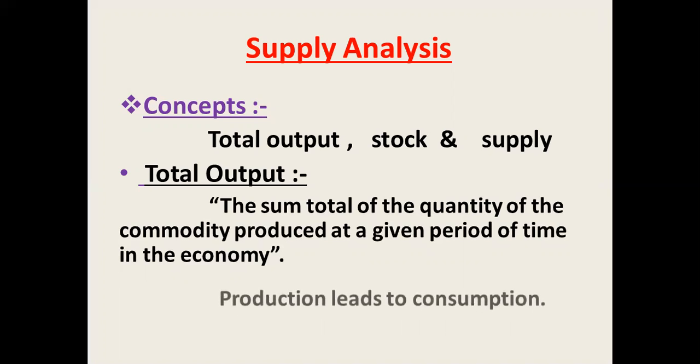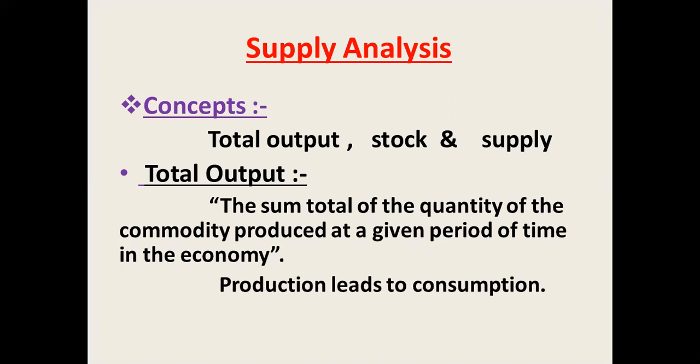This definition explains that during a given period of time, with the help of inputs, we produce and provide output. Without input we can never produce any output. So basically the total production after production is called output. Production leads to consumption, and consumption means the consumer consumes different goods and services.